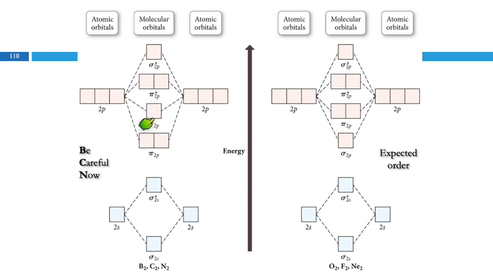Right? Instead of the sigma being the lowest, the pi is lower. Okay, and that's not something I'll try to trick you on. The elements boron, carbon, and nitrogen are the first letters of Be Careful Now, which is a clue that we need to use the other order.